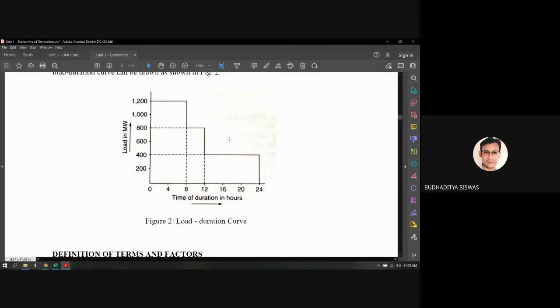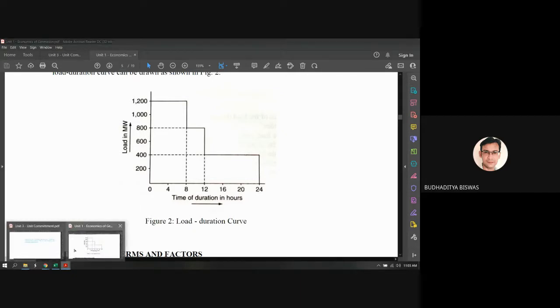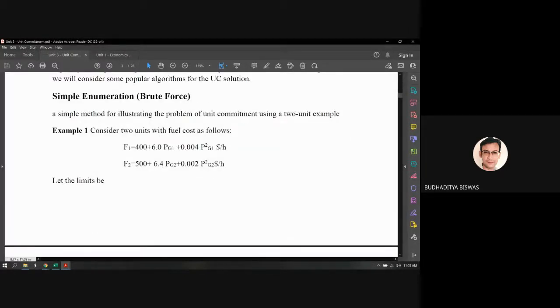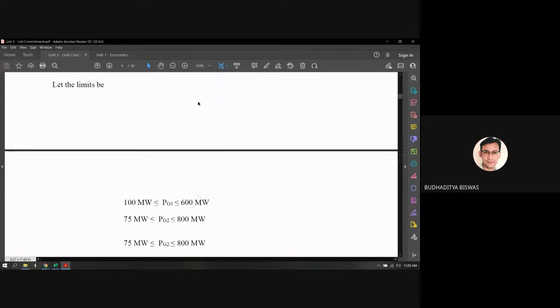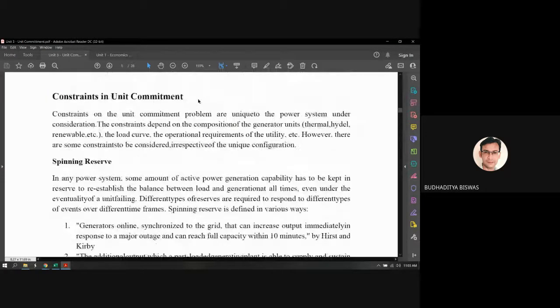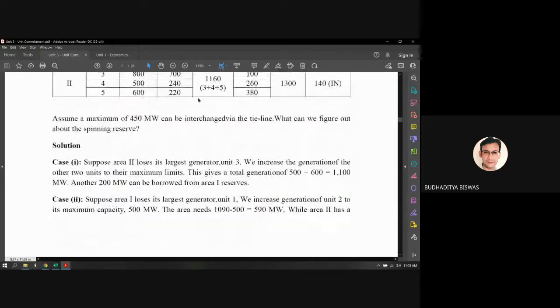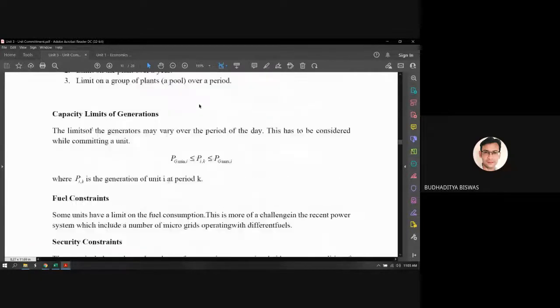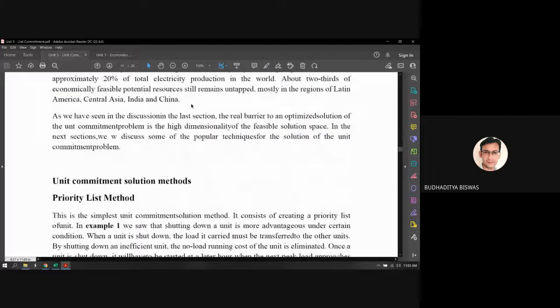And here some algorithms are also there, and based on these there are 2 algorithms.